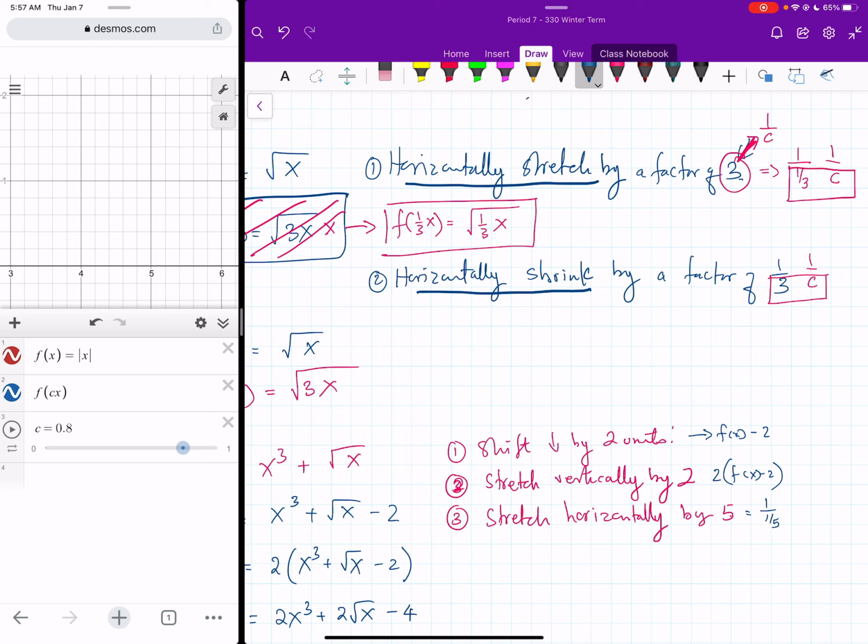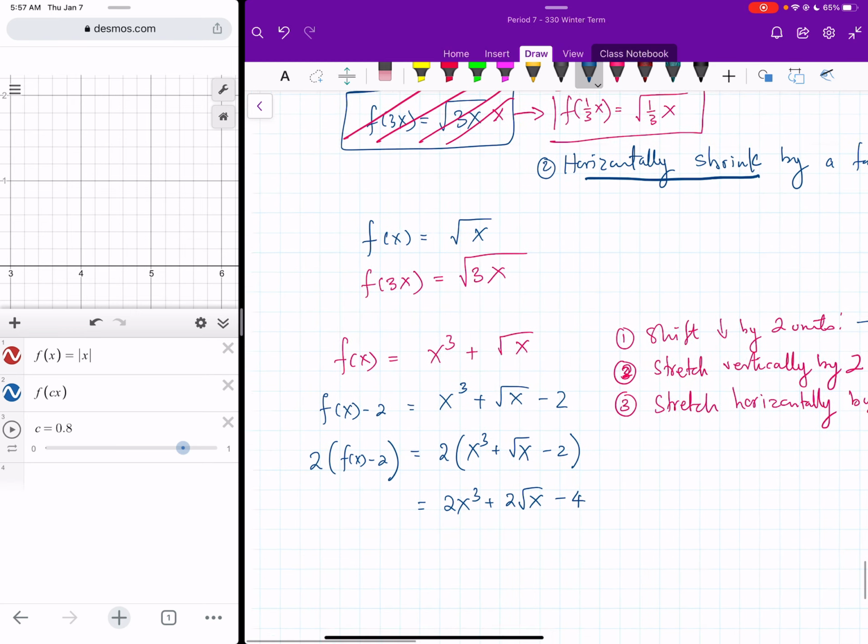Because when it stretches horizontally, x became bigger by 5. That means all the x values got multiplied by 5, all the inputs get multiplied by 5. So in other words, this is in the form 1 over C. When C is a fraction, I am actually stretching.